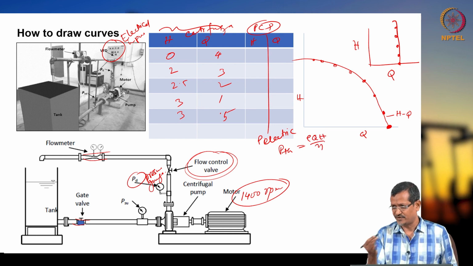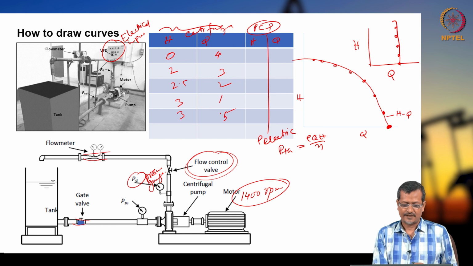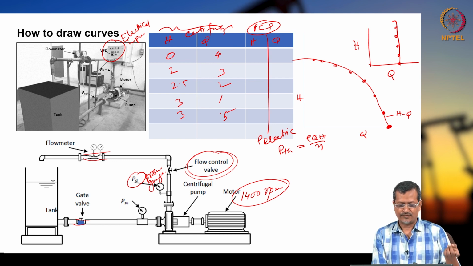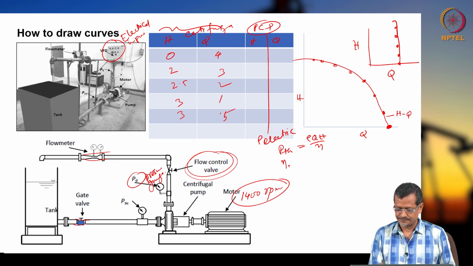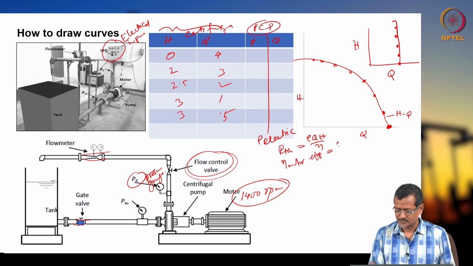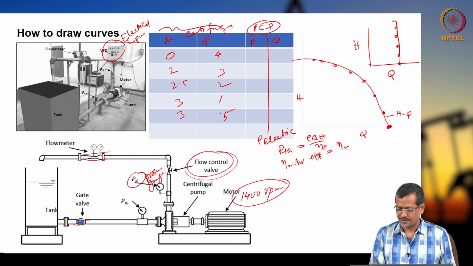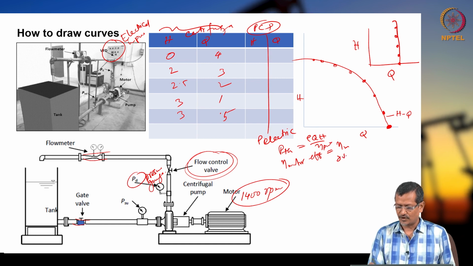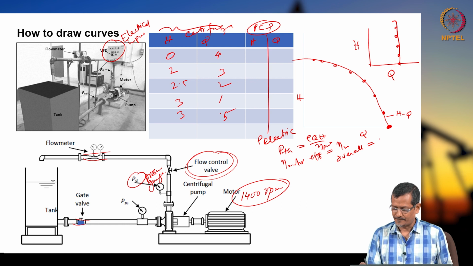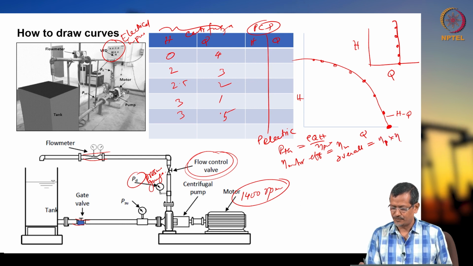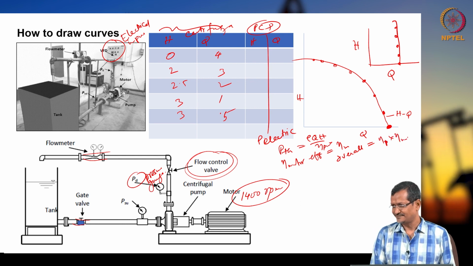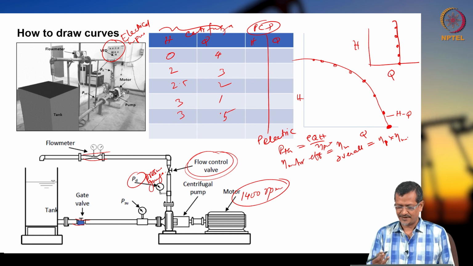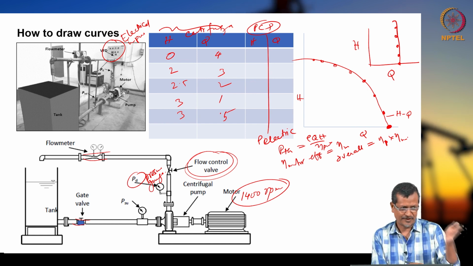Eta means pump efficiency. If you know the motor efficiency, eta motor, and eta pump, the overall efficiency will be eta pump into eta motor.